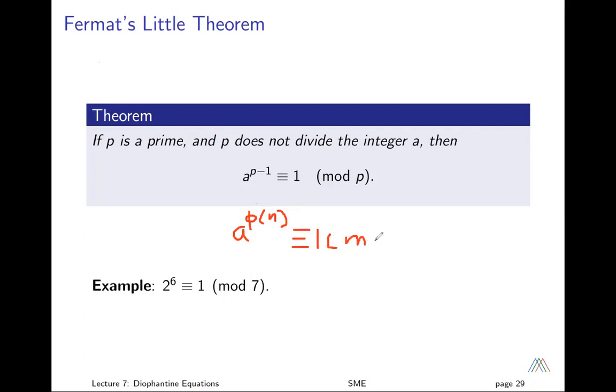Phi of n is the number of numbers smaller than n that don't share a common factor with n. So let's say n was equal to 6. 1 would not share a common factor with 6. 2 does, 3 does, 4 does, and 5 doesn't. So there are 2 numbers here.